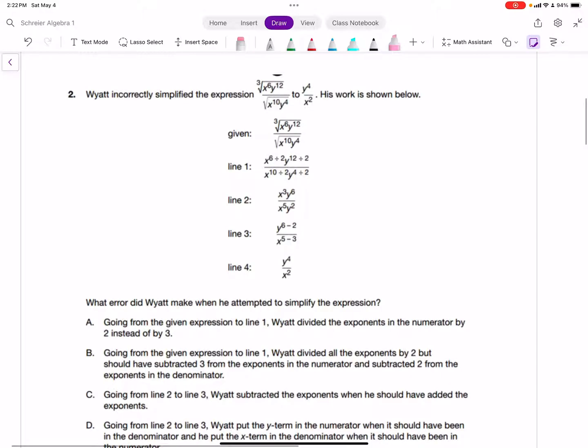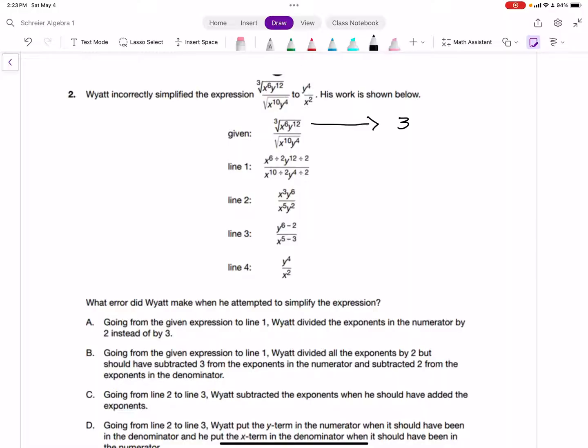For problem 2, it says Wyatt incorrectly simplified this expression, and his work is shown below. We have a cube root of x to the 6th, y to the 12th, and a square root of x to the 10th and y to the 4th. For the top, the index of the cube root is 3.